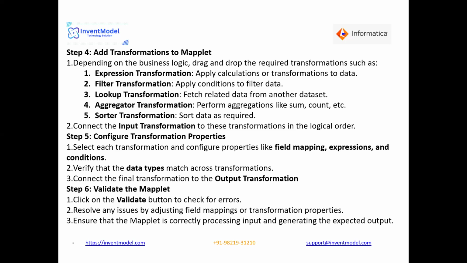Now step 4, after defining the Mapplet's input and output values, is to define the transformations of the Mapplet. Transformations may include the expression transformation that applies calculations or transformations to the data, the filter transformation that applies conditions to filter the data, the lookup transformation to fetch related data from another data set, the aggregator transformation to perform aggregations like sum, count, etc., and the sorter transformation to sort the data.